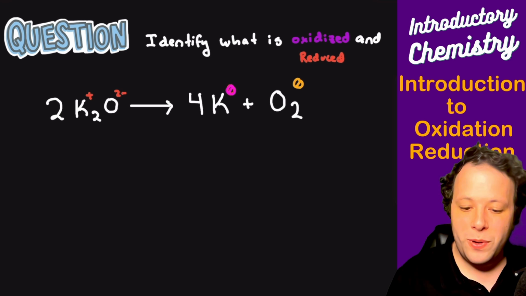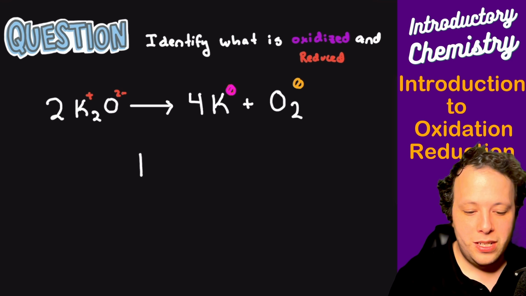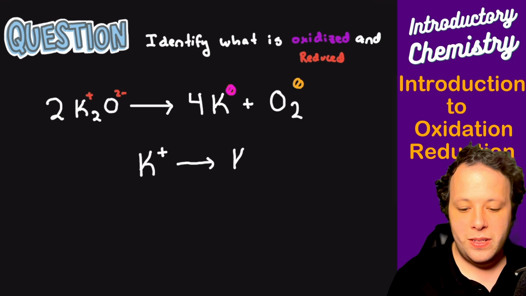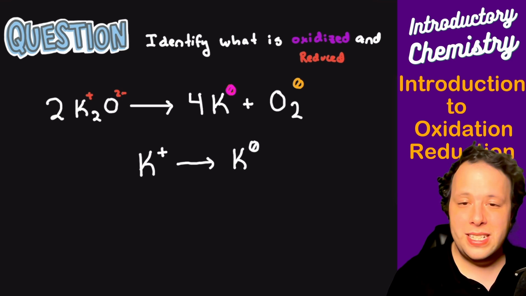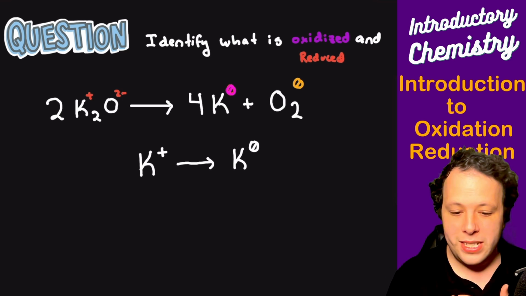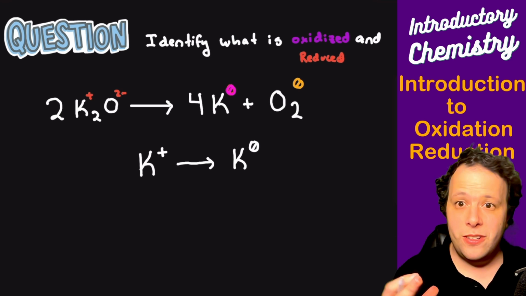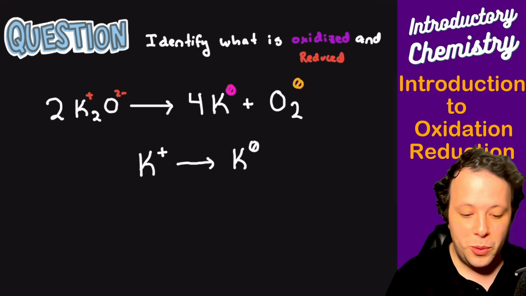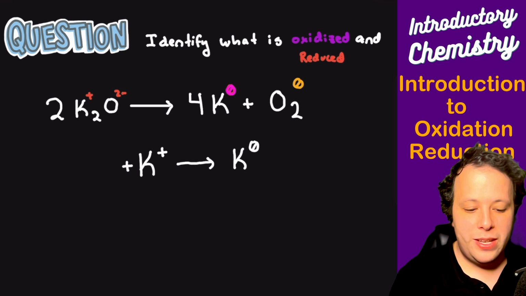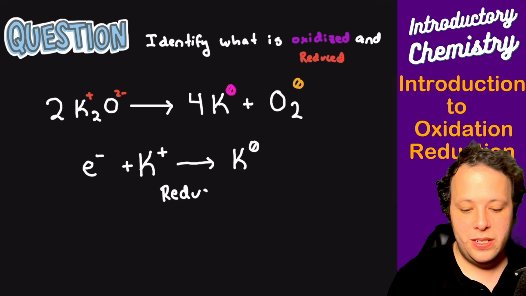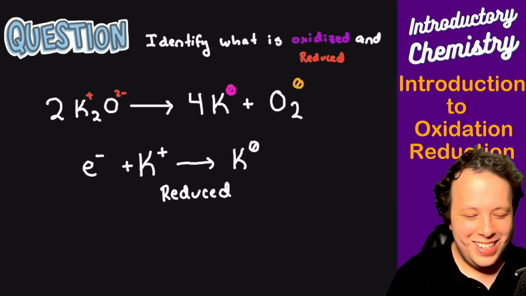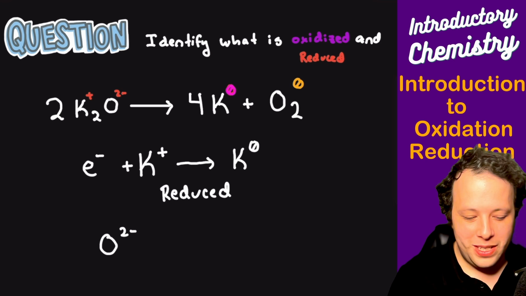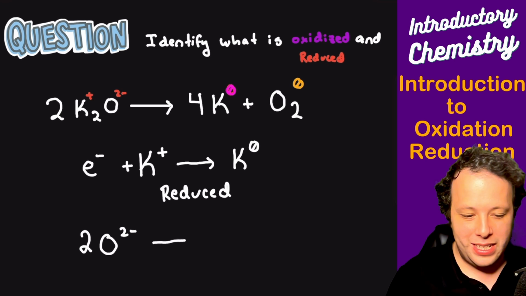So when we're trying to label these, we have potassium. It's going from a plus to a 0. So where are the electrons being gained or being lost? Well, we can see that the charge is being reduced. It's becoming more negative, so we can write that we are gaining an electron. So we are being reduced. And then with oxygen, we have O2 minus and we have 2 of them in this case.